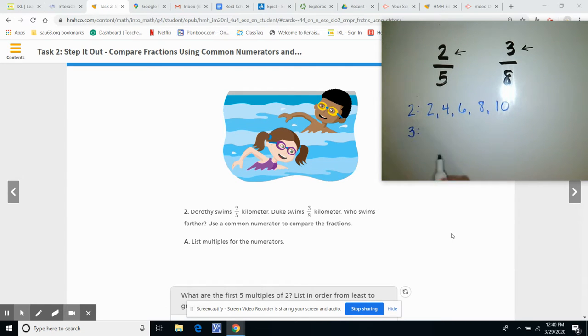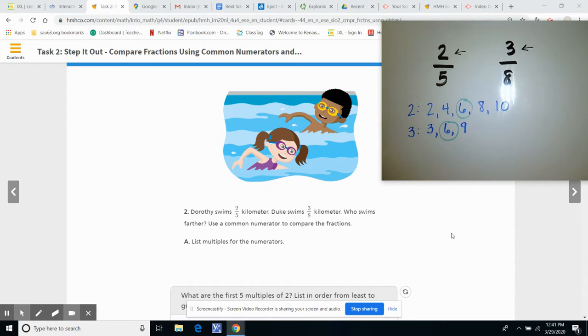Let's take our 3. 3, what's our next multiple? 6. Our next one would be 9. Do we have anything in common so far? Yes, we do. We have 6. So this is what we call our least common multiple. We're going to use the 6's to get to our common numerators.